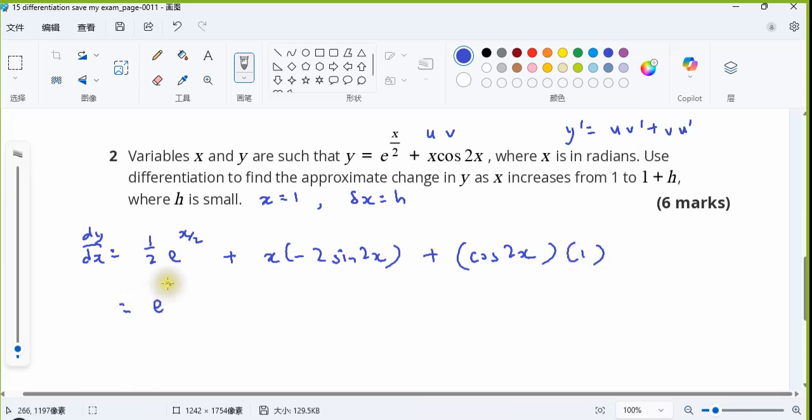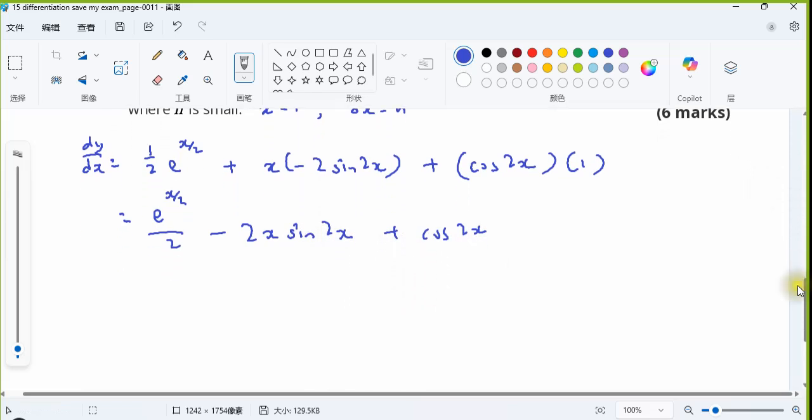So this will be e to the power x over 2, over 2, minus 2x sin 2x plus cos 2x. So the dy/dx when x equal to 1 will be e to the power half over 2 minus 2 sin 2 plus cos 2.